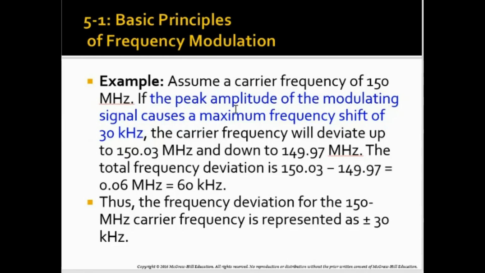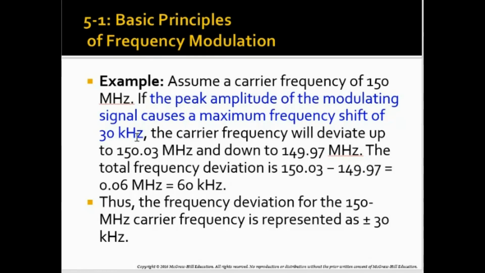If the peak amplitude of the modulating signal causes a maximum frequency shift of 30 kilohertz, so depending on how big the amplitude of our modulating signal is, we assume there is a 30 kilohertz shift in our carrier frequency. Then the carrier frequency will deviate up to 150 megahertz plus 30 kilohertz.